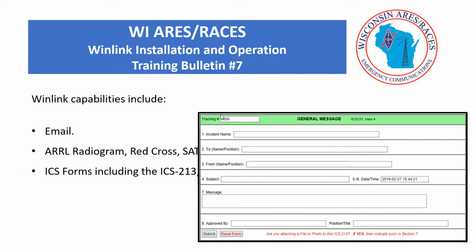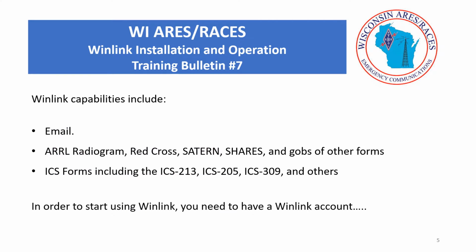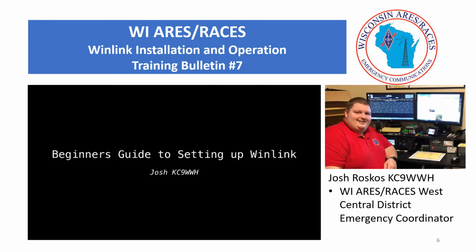WinLink includes a library of ICS forms, including the ICS 213 General Message Form, the ICS 205 Incident Radio Communications Plan, and even the ICS 309 station log. In fact, WinLink will generate a station log for you whenever you like. The hitch is, in order to use WinLink, you need to have a WinLink account.